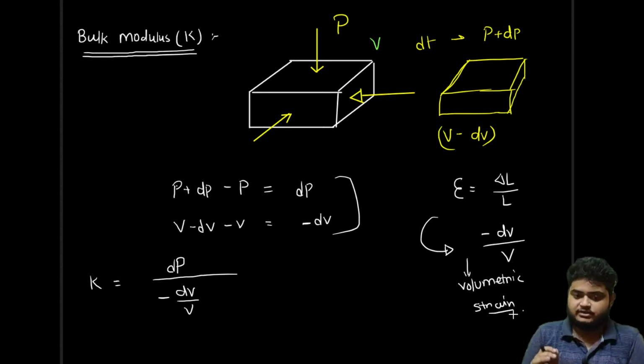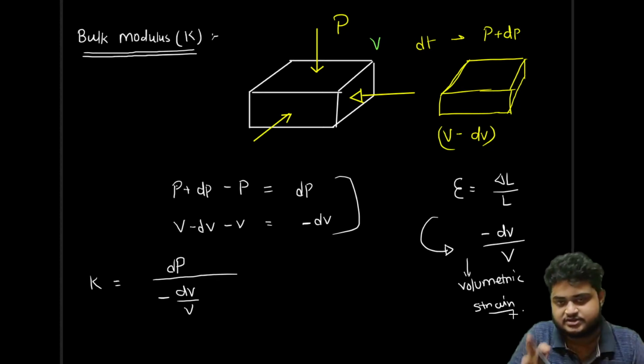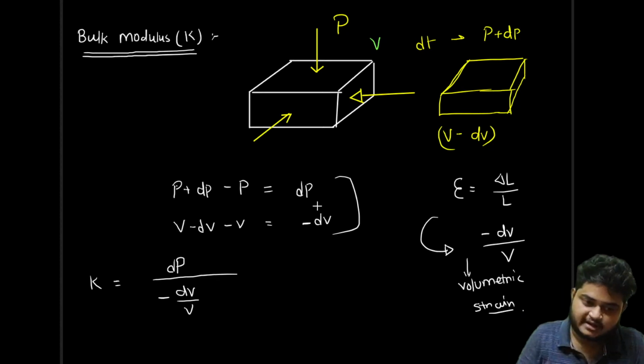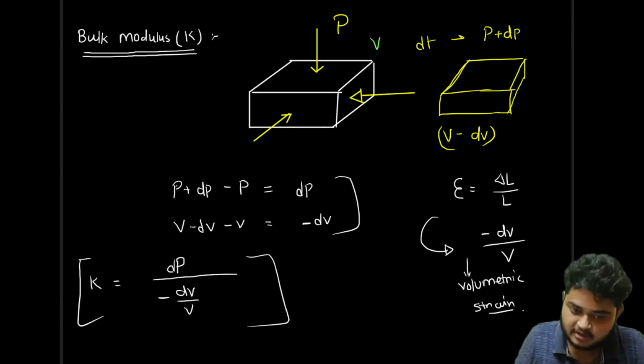So bulk modulus is the change of pressure with respect to the volumetric strain. This is the equation for bulk modulus.